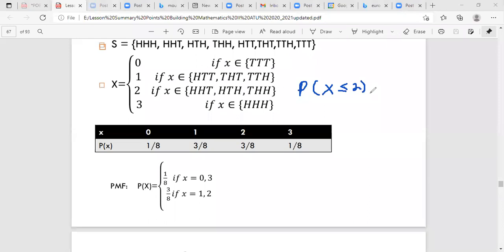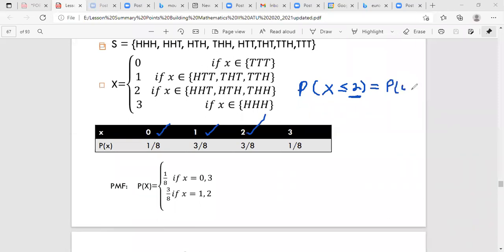That's cumulative probability till you get to x equals 2. So that simply means the values of x should be less than or equal to 2. And those values are 0, 1, and what? And 2.